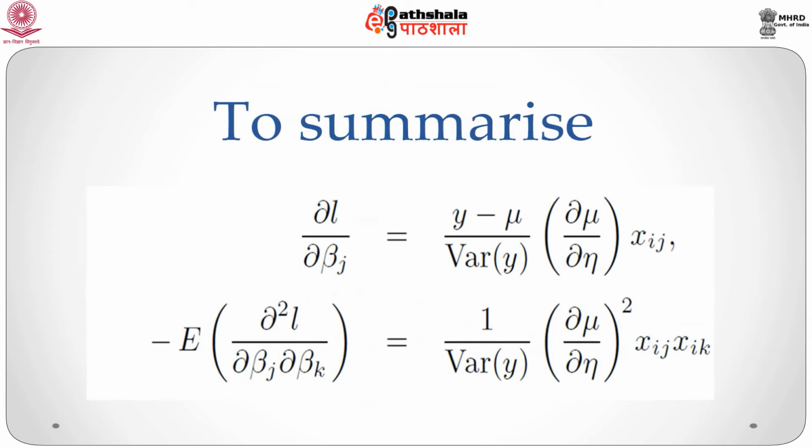To summarize then, for the generalized linear model, the score function is given by del L del beta j equal to (y minus mu) by variance of y into d mu d eta xij, and minus the expectation of del square L del beta j del beta k is equal to 1 over variance of y (d mu d eta) whole square xij xik.